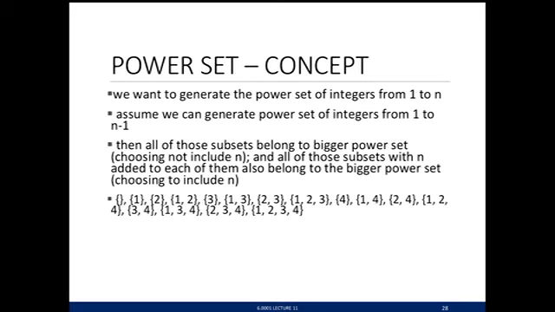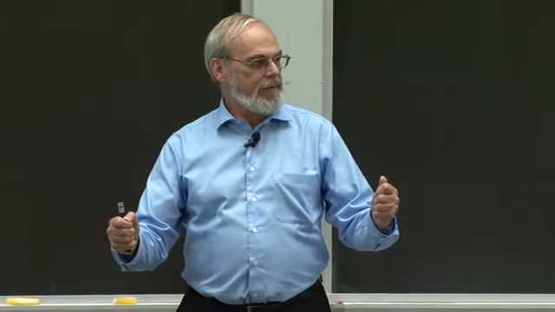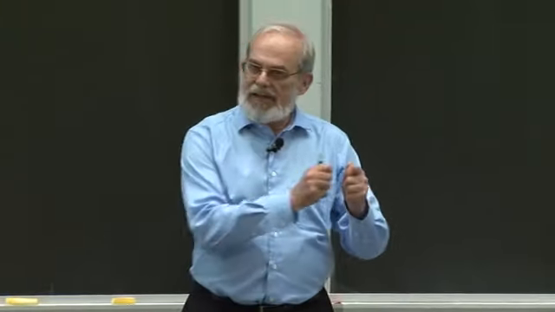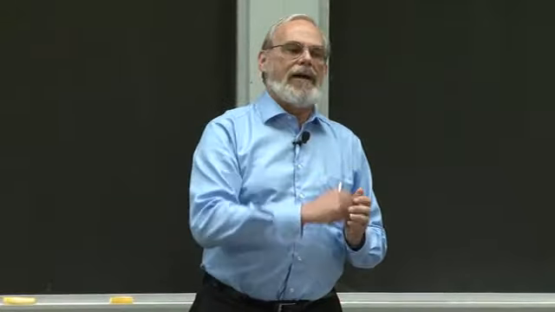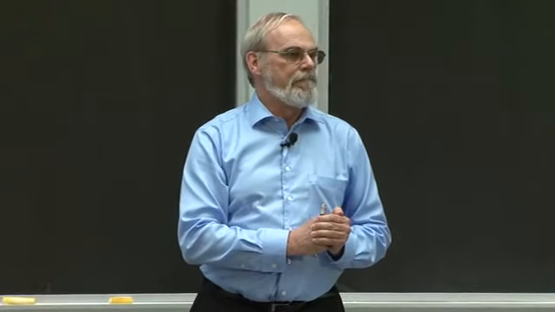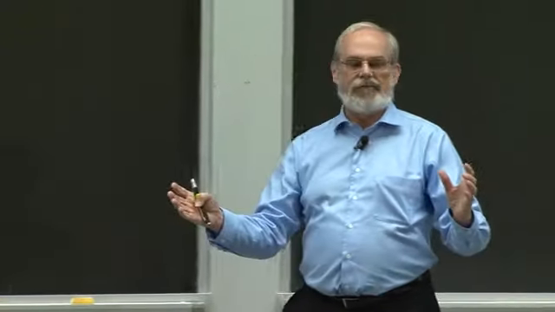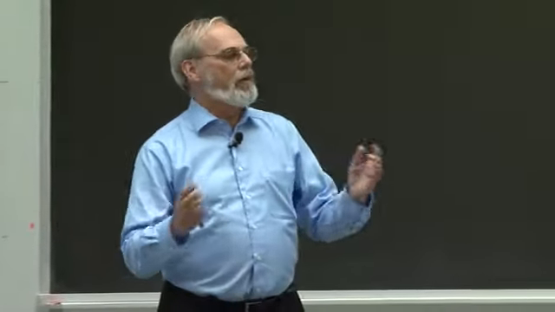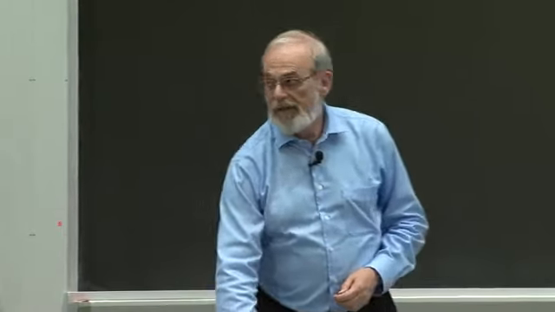They're all subsets of 1 to n because they're all subsets of 1 to n minus 1. So I'm going to add all those in. And then I'm going to take each one of those and add n to each of those subsets, because that gives me all the rest of the solutions. I've got all the ways to find solutions without n. I get all the ways to find solutions with n.